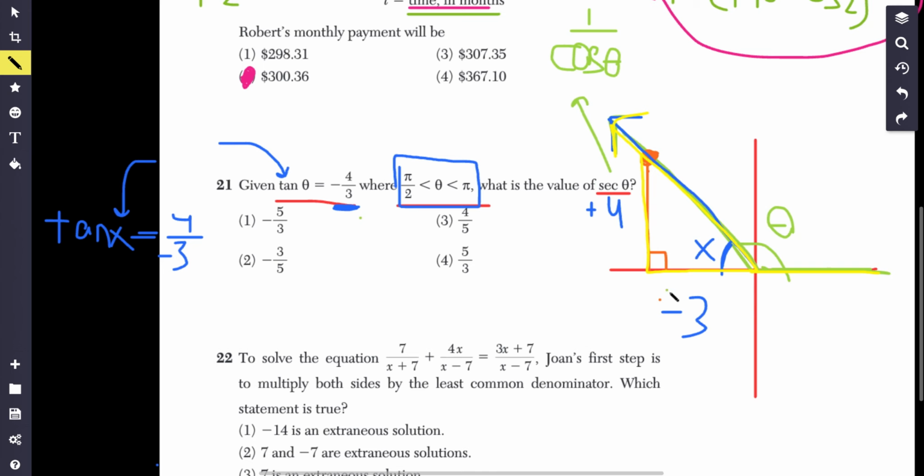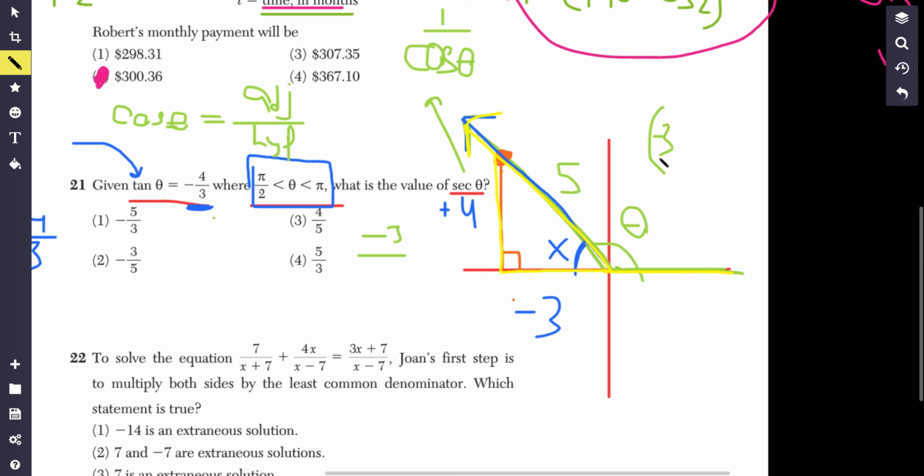Now, we know cosine is equal to adjacent over hypotenuse. So cosine of our angle is going to be our adjacent side, which is negative 3, over our hypotenuse. Hopefully you can recognize this is a 3, 4, 5 triangle, or you could do the work yourself.